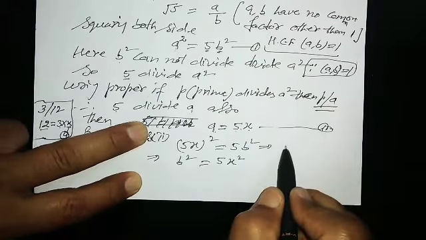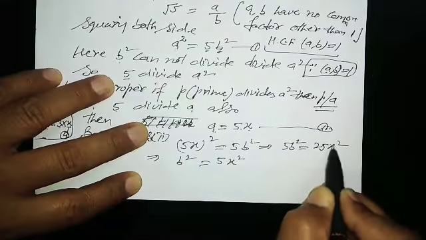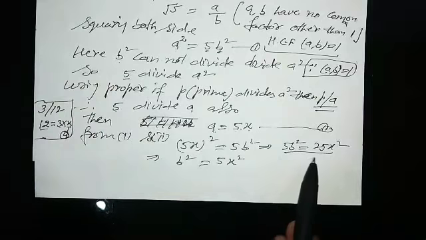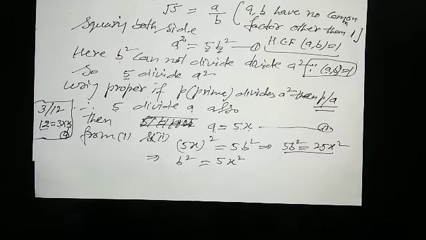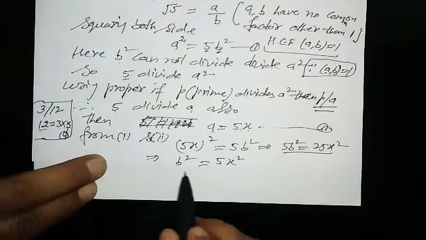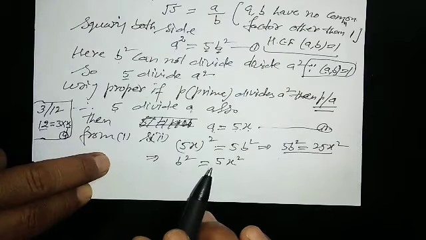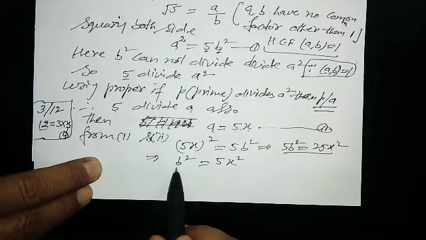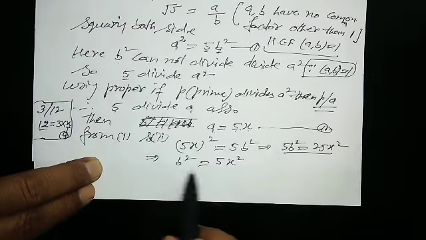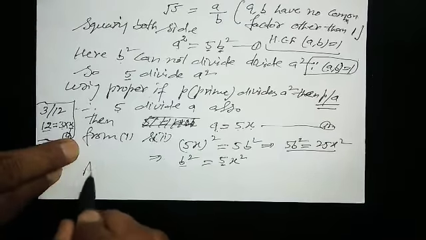Okay, means 5b square equal to 25x square, and this 25 can be shortened with the help of 5. So b square equal to 5x square, right? Again you can say that this 5 divides b square.